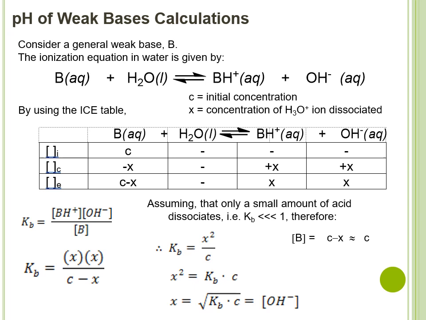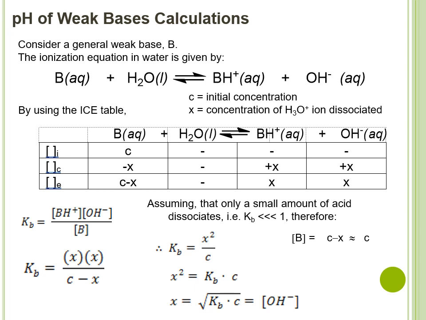So we write the Ka expression and substitute X for H3O plus and A minus, and C minus X as the reactant down here.